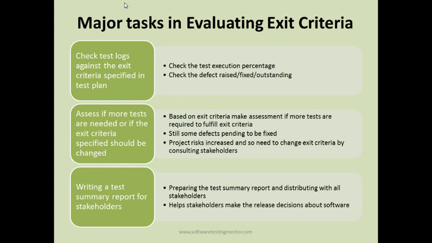So with the exit criteria, you prepare the test summary report: how the testing has progressed, how much percentage of test cases have been executed, how many defects have been raised, how many of them are pending, and based on that test summary report, stakeholders make decisions about releasing the software or not.